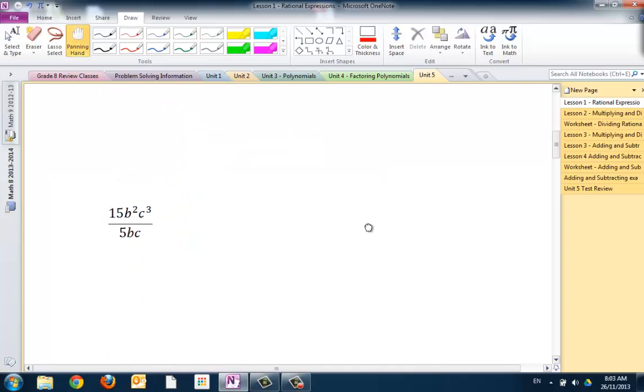Alright, so what would that look like if we're dealing with an actual rational expression? Well, here we have one that has a monomial in the numerator and the denominator. You might be able to see the things that can be simplified or reduced here, but if you can't, it never hurts to write this thing out as a product of its factors. So I can just write this out as 15 times b times b times c times c times c.